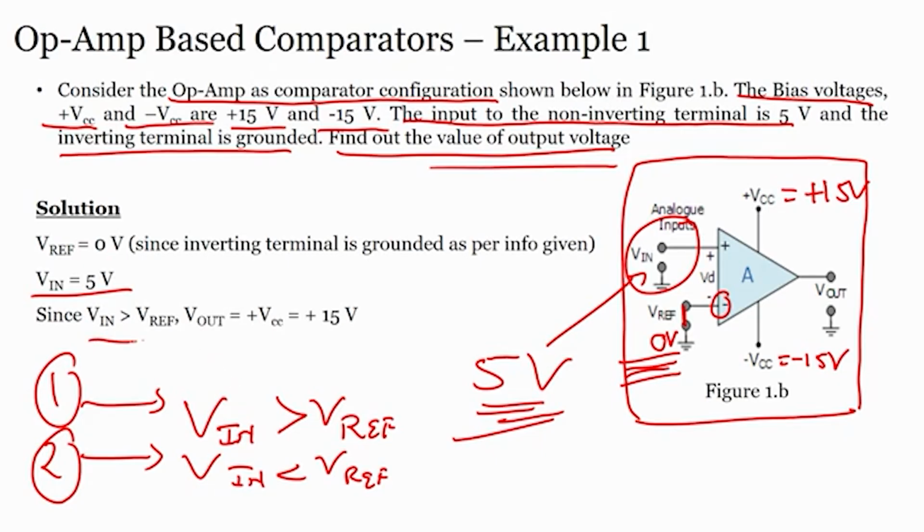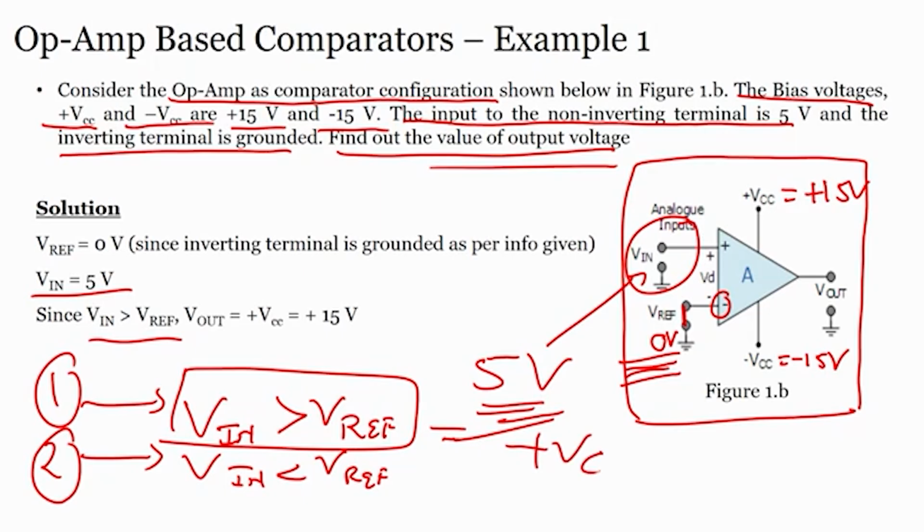When you have this condition, we already know that the output is equal to plus VCC. But if it is the second condition, V in less than V ref, then our answer would be minus VCC.